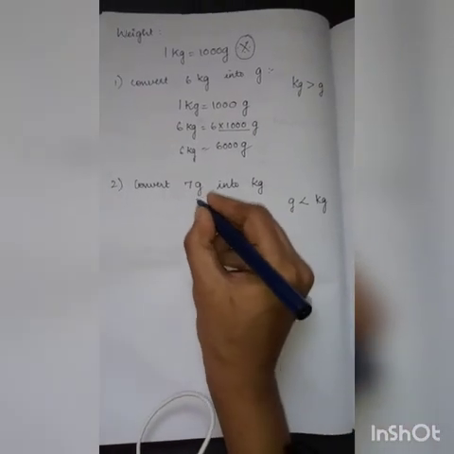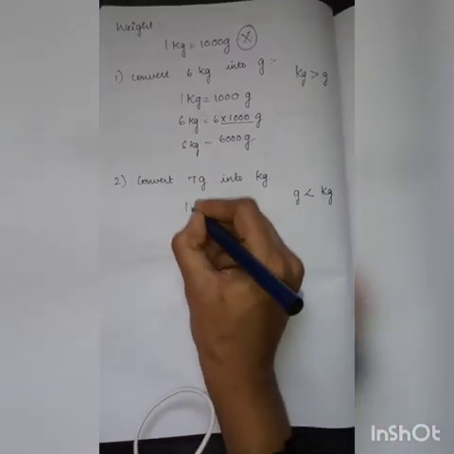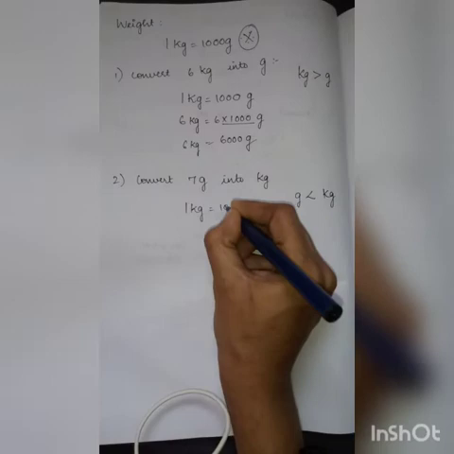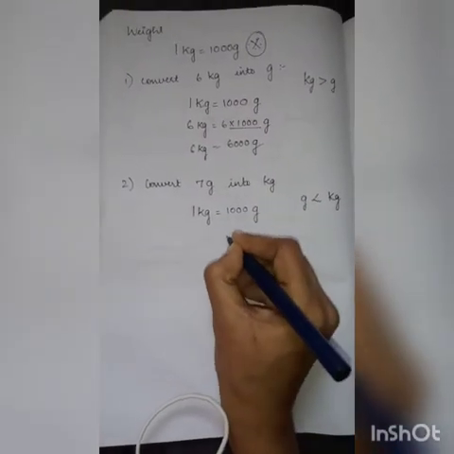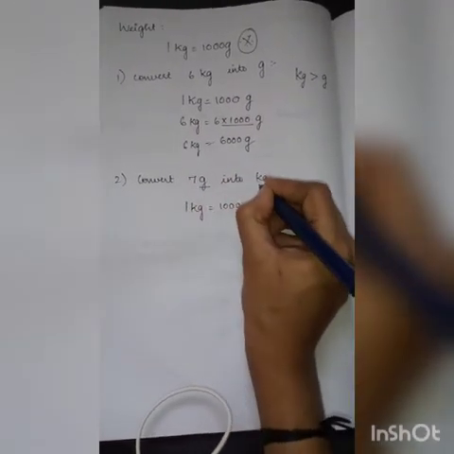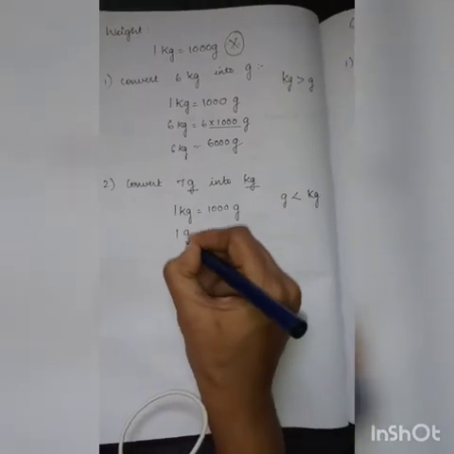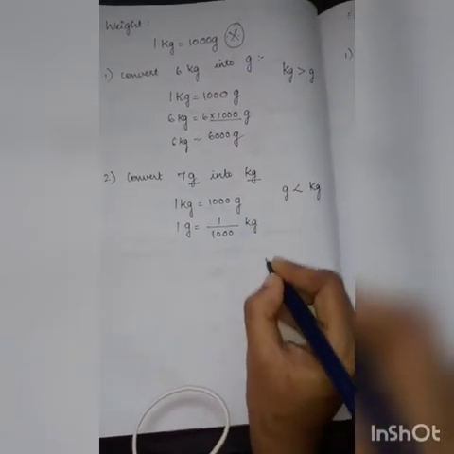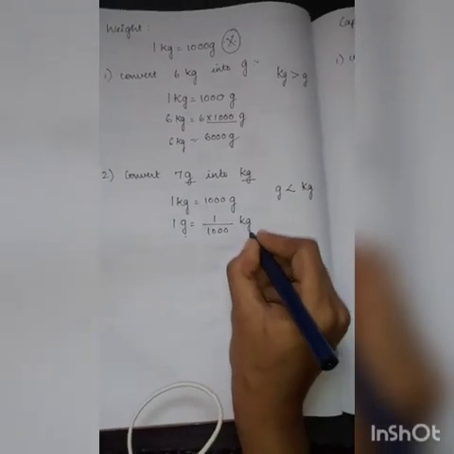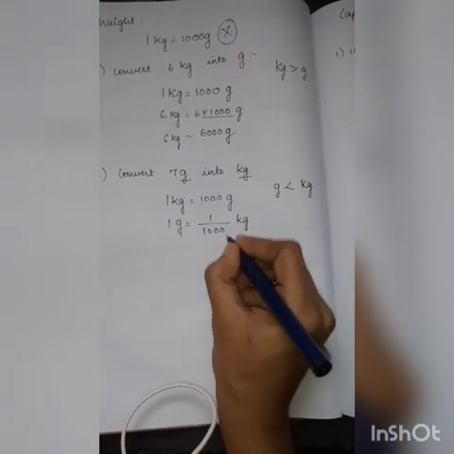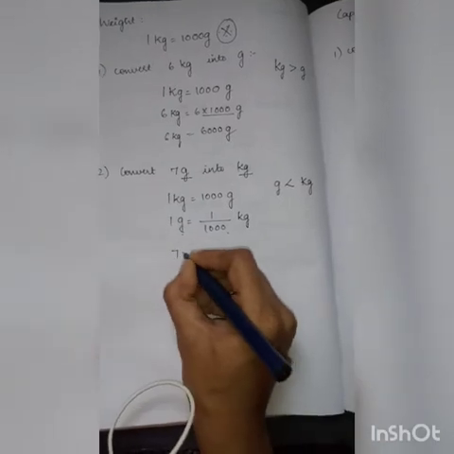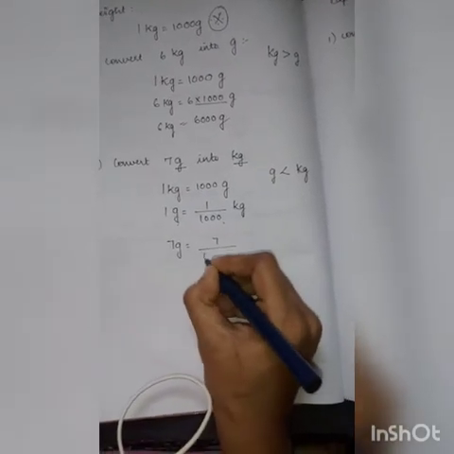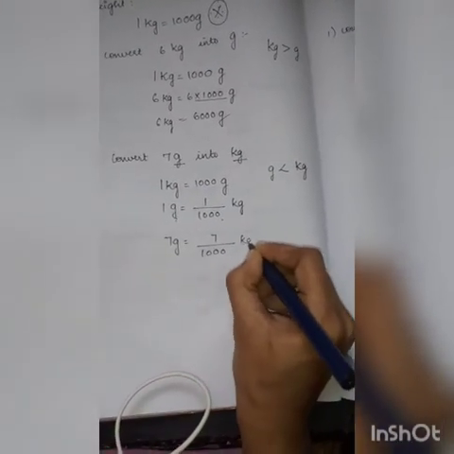So what is the relation between gram and kilogram? 1 kilogram equals 1000 gram. So what we want from gram to kilogram? 1 gram equals 1 divided by 1000 kilogram. Understood? Because gram to kilogram means small to big, so divided by 1000. So 7 gram means 7 by 1000 kilogram.